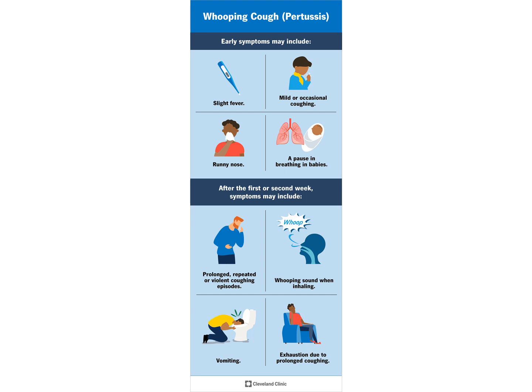Some of you are asking, well, what is whooping cough? These are the symptoms: a slight fever, a mild or occasional cough, runny nose, and a pause in breathing for babies.